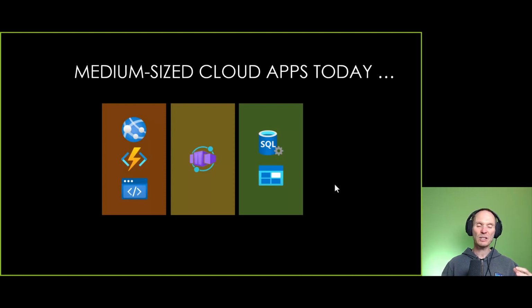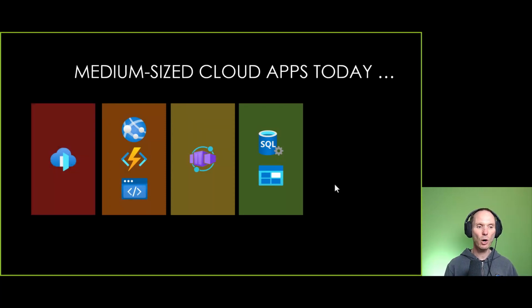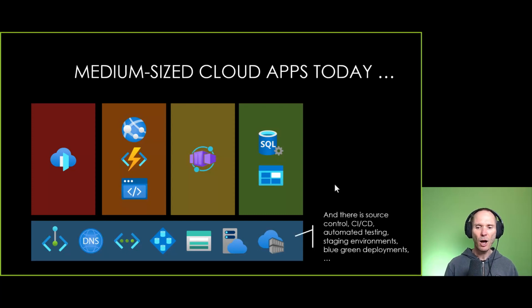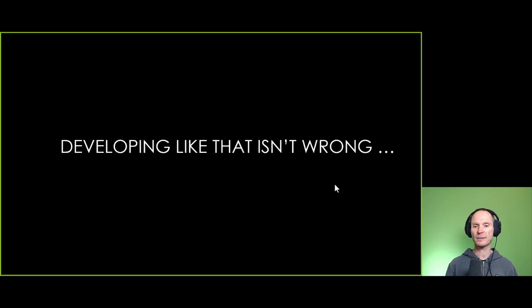I have maybe some front-end, back-end for front-end, things like that, serverless apps and so on. Then I have some networking components going on. I have a lot of infrastructure in the back end with having to manage networks, virtual networks, DNS environments, and things like that. All in all, that's just a really big and complex thing.